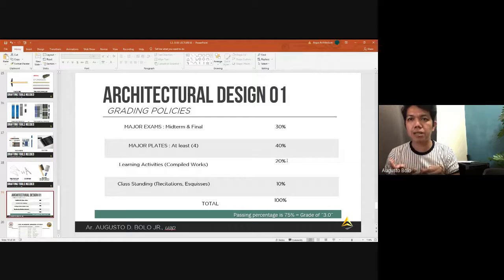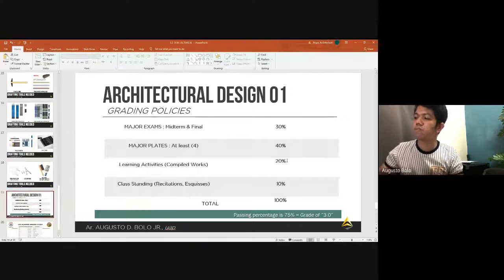Major plate plays a very important role for Design 1 since it comprises 70% already with the 30 plus 40 major plate grading. Plus, of course, compliance with the learning activities, you're done already. So, you will pass. You will get the passing rate for Design 1.